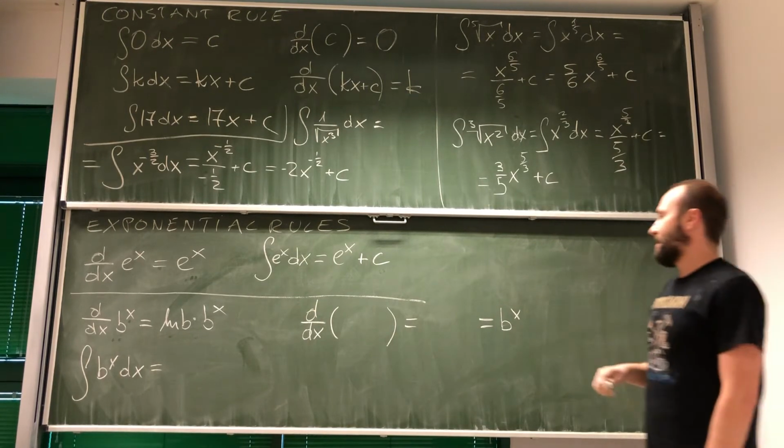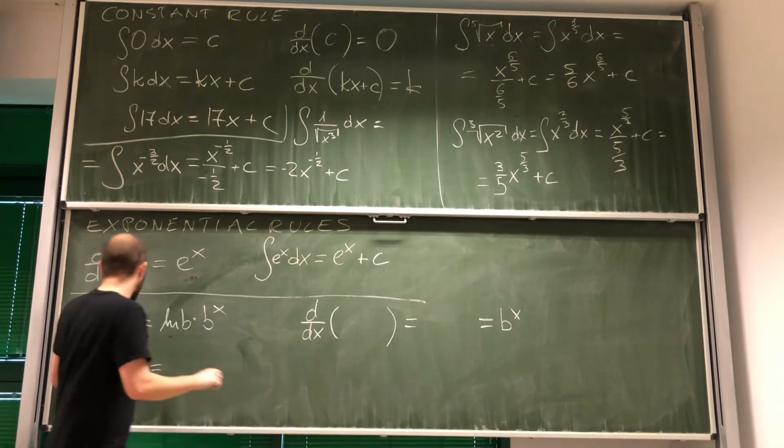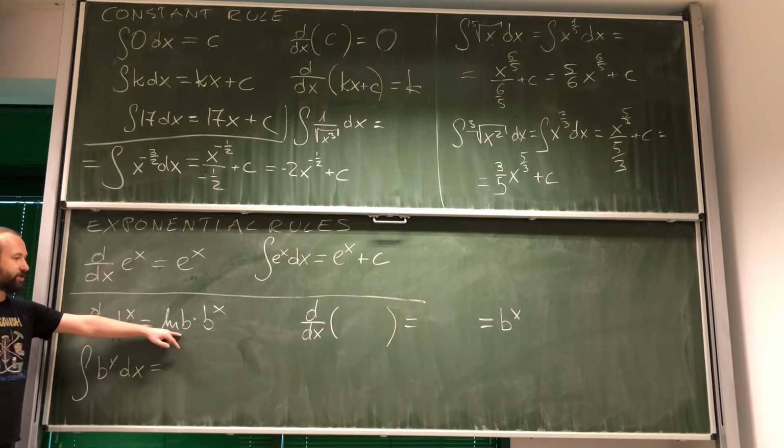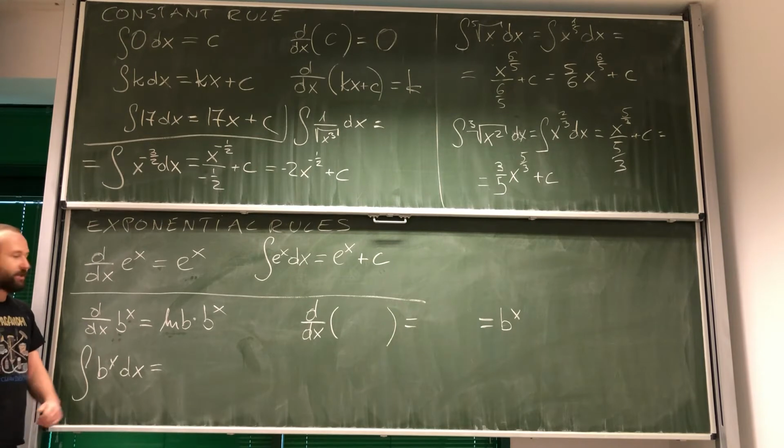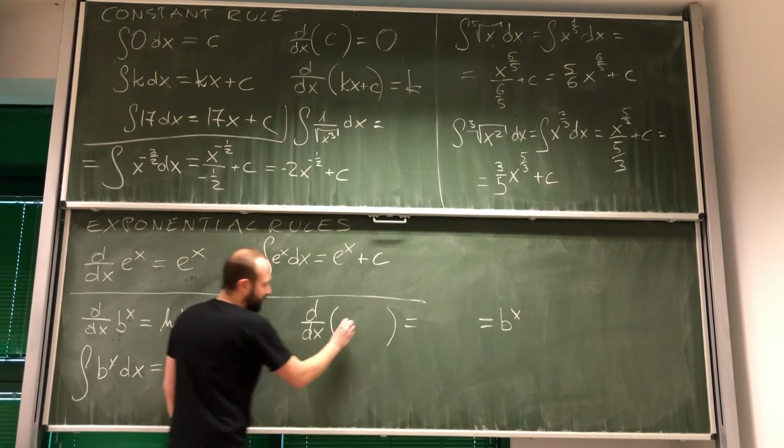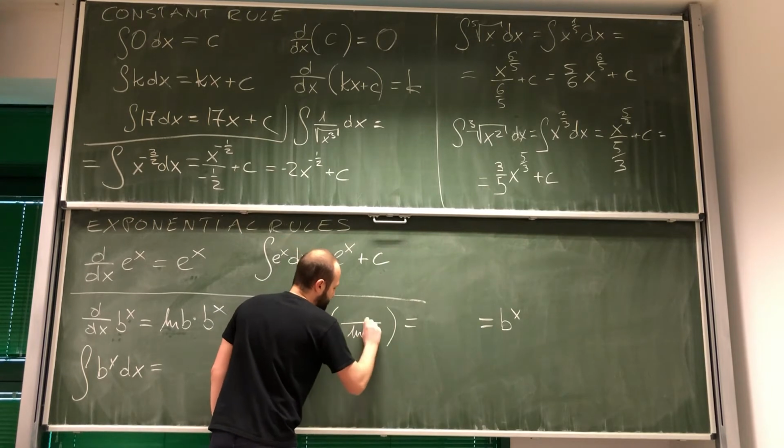Okay, and look, here, the new thing that appears during differentiation is ln(b). And this is what we want to get rid of. So if here I'm multiplying by ln(b), how about here I divide by ln(b)?